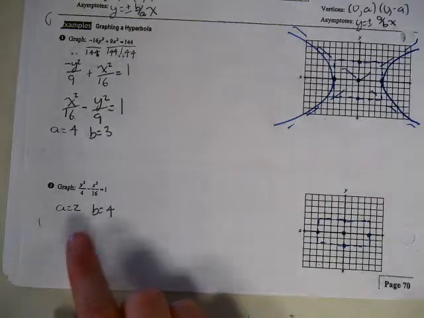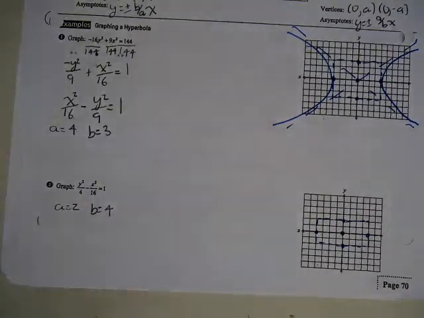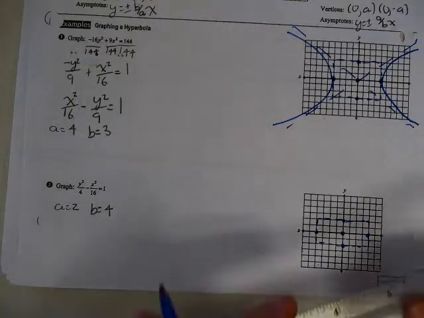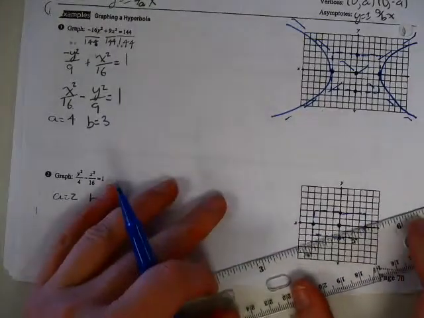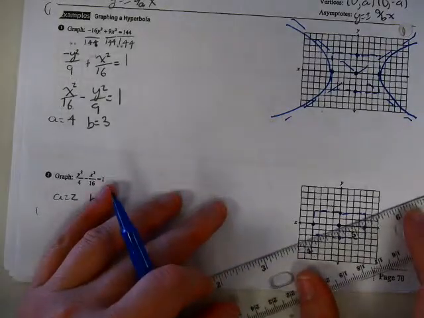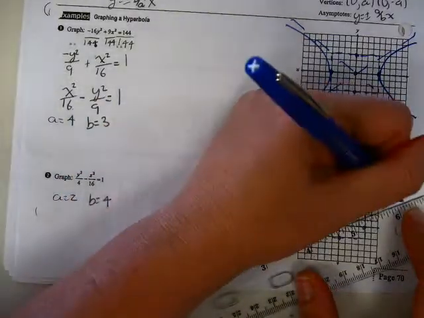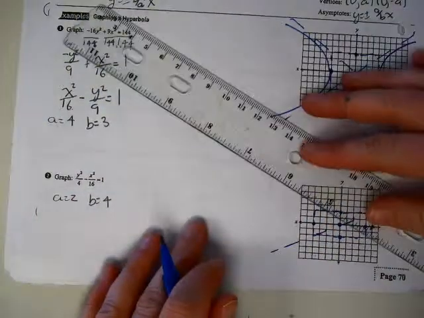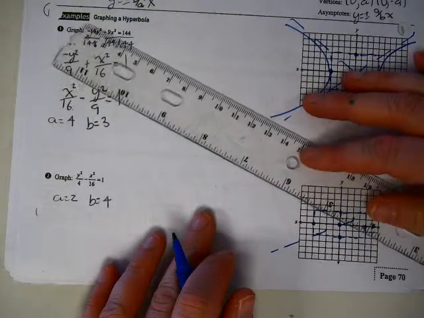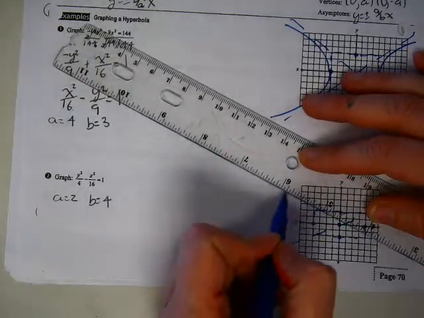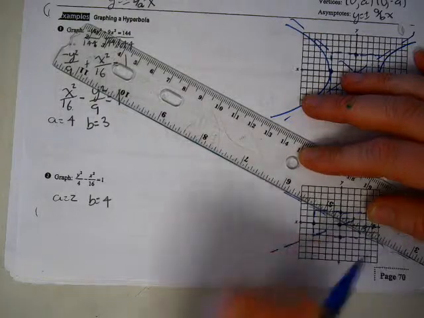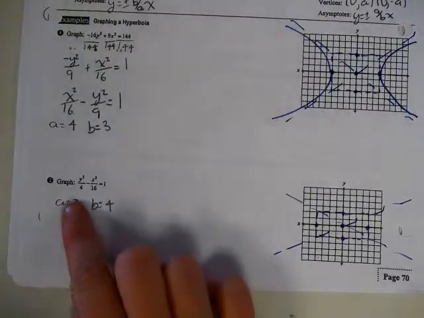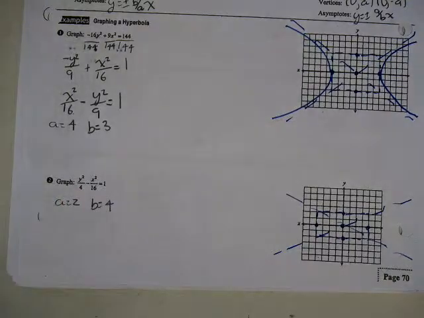So notice in this example that a is smaller than b. I'm completely fine with that for hyperbolas. And then I will put in my asymptotes, corner to corner. And since this one starts with my y squared, it's going to have a vertical transverse axis.